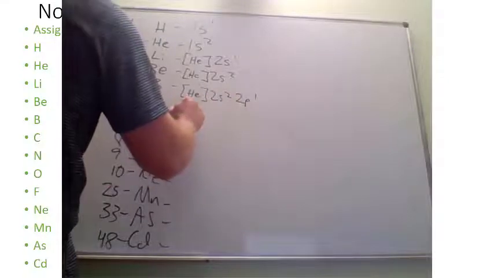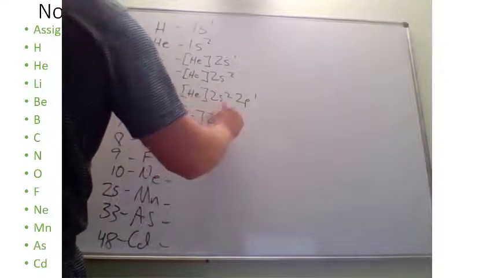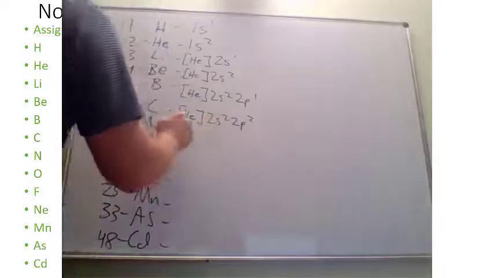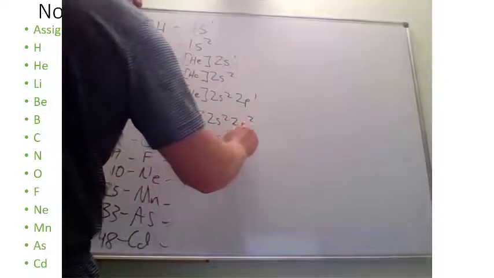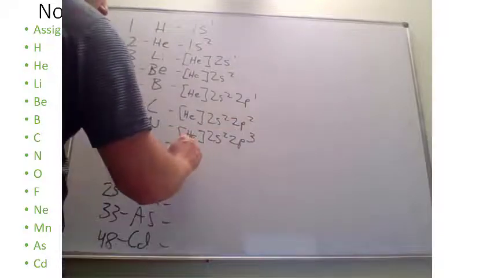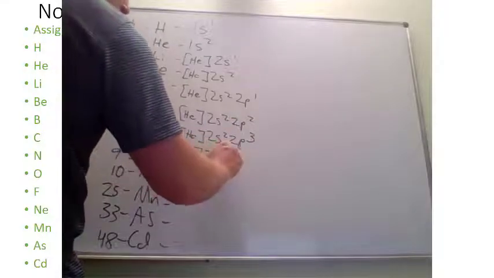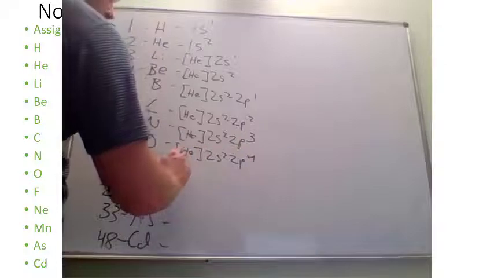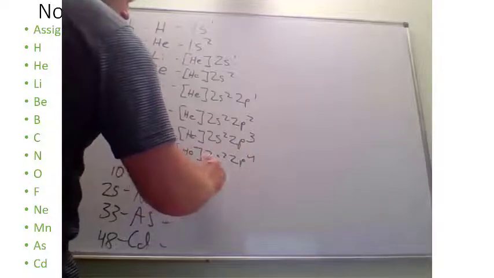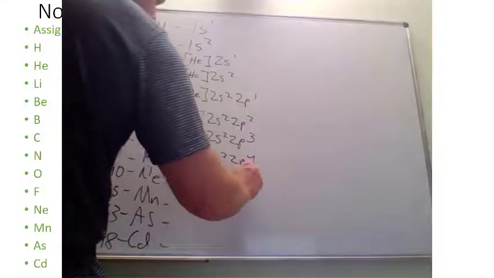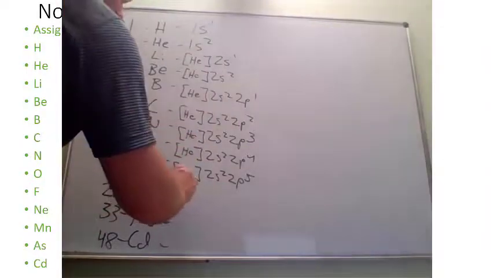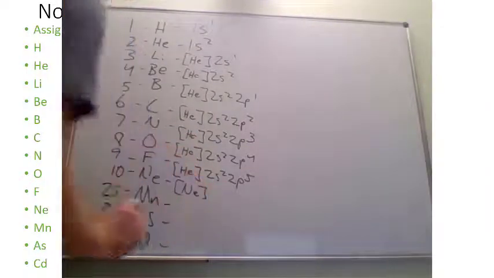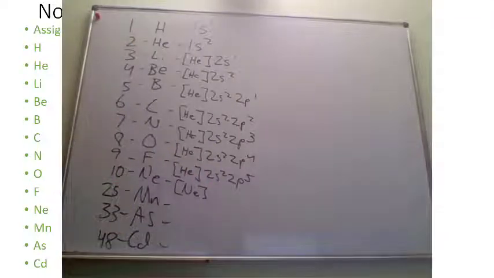Carbon, helium 2s2, 2p2. Nitrogen, helium 2s2, 2p3. Oxygen, helium 2s2, 2p4. Fluorine, helium 2s2, 2p5. And neon, so neon is a noble gas, so all we have to write here is simply neon. That's it.